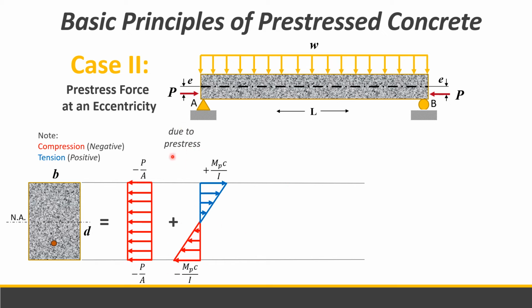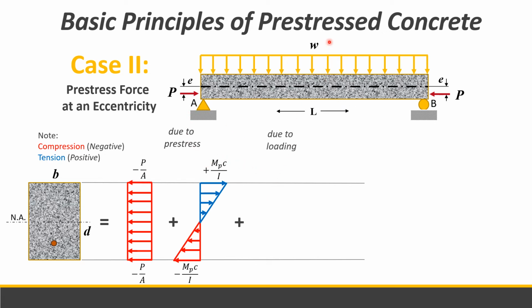This is the effect of the pre-stress alone. So we have a positive moment due to pre-stress times C over I, and a negative one, meaning compressive stress, moment due to pre-stress times C over I. They are equal.